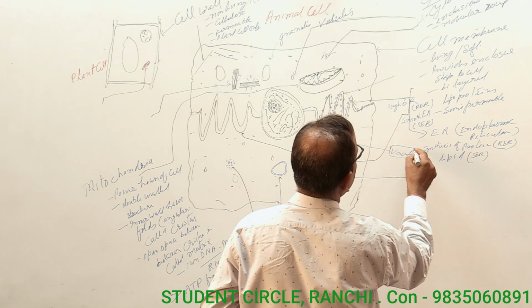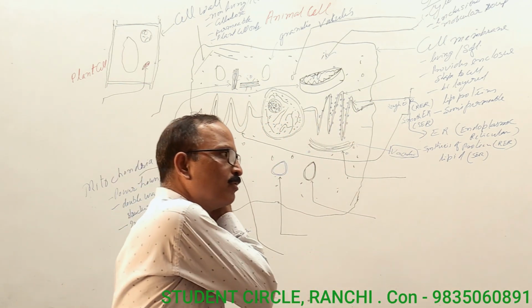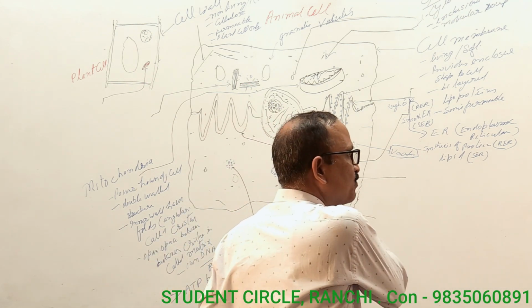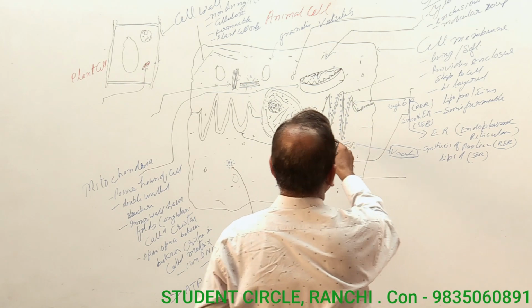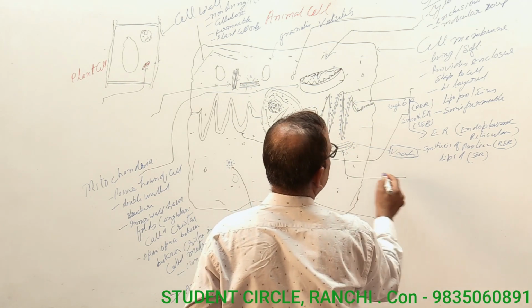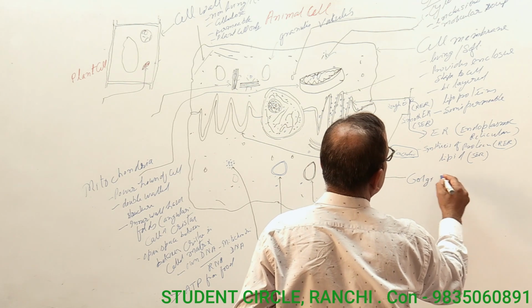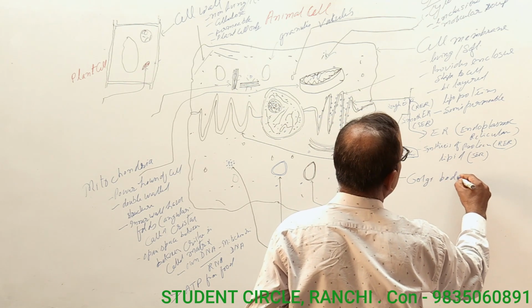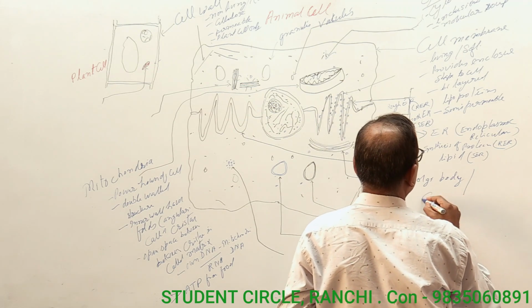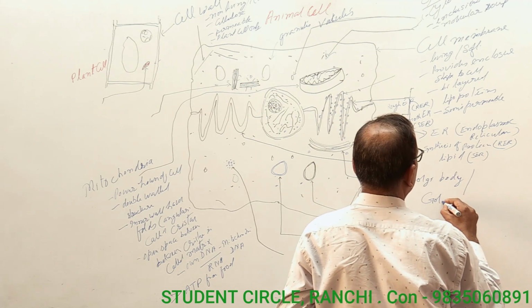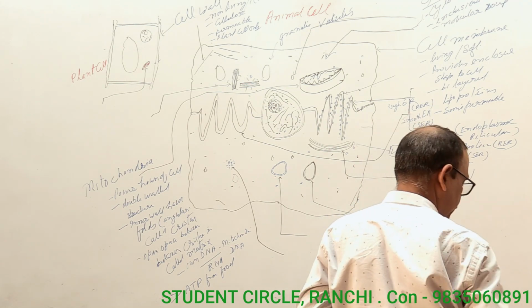Vacuoles are small sacs containing fluids that have to be carried into the cell and outside the cell. So this one is Golgi body or Golgi apparatus.